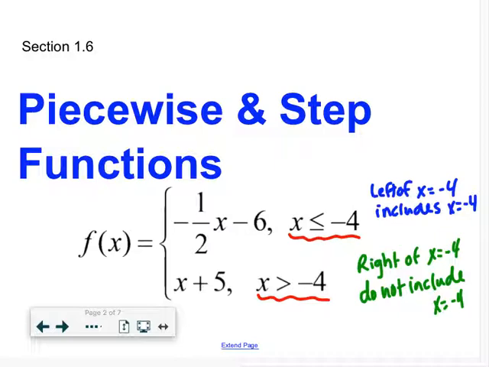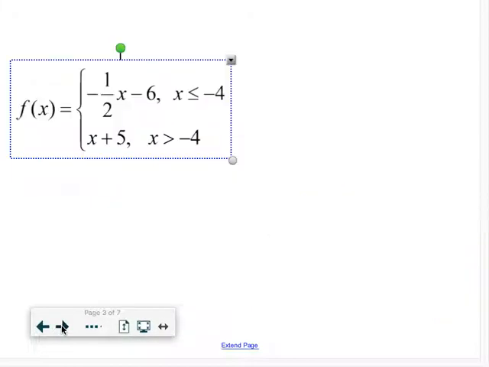If it doesn't include that number, you would mark it as an open circle. So that's going to be like a big thing for us to think about. If it has or equals to, it's going to be closed at -4. If it has no or equals to sign, it's going to be an open circle at x equals -4. So we're going to actually graph this one. This one's pretty easy because they're both lines, and then we'll do another one together.